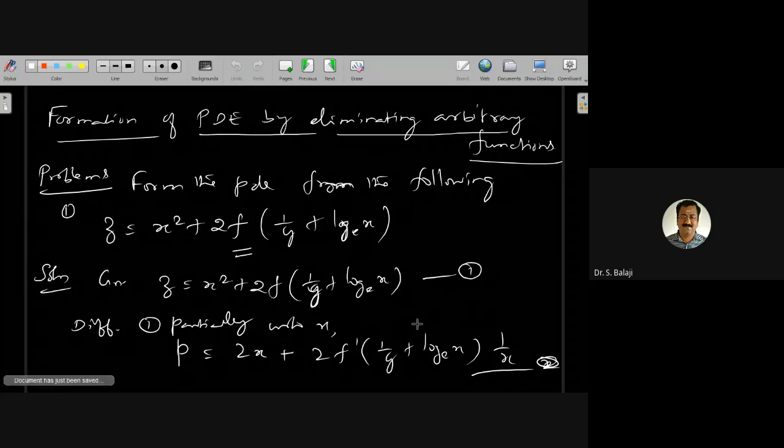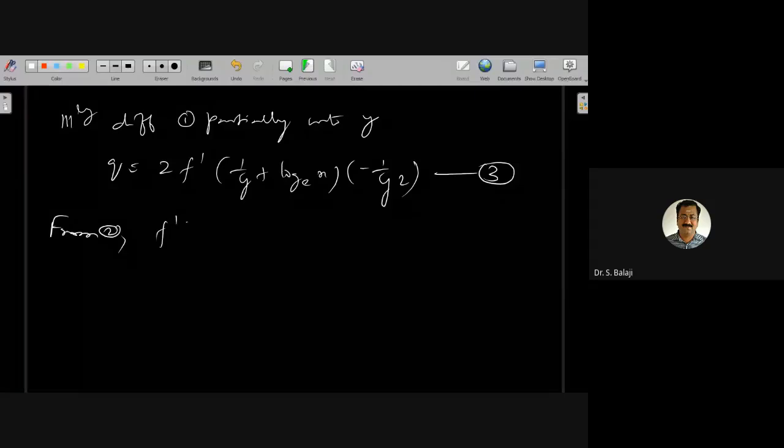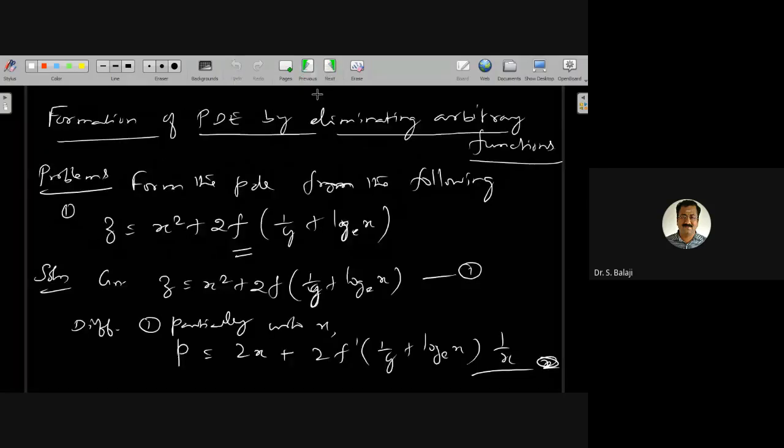So from equation number 2, f dash of 1 by y plus log x can be written as p minus 2x into x by 2.